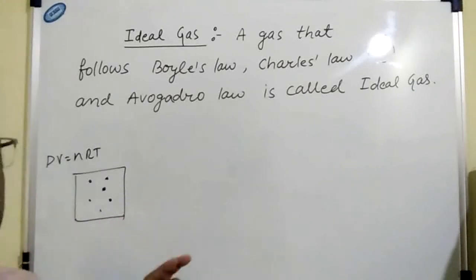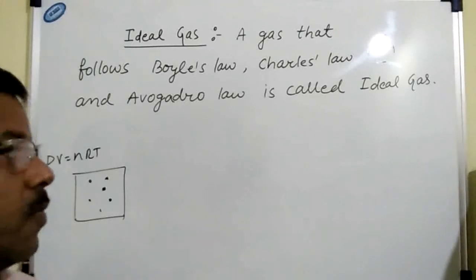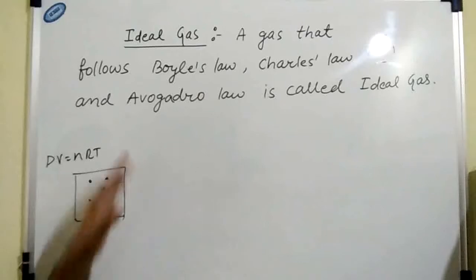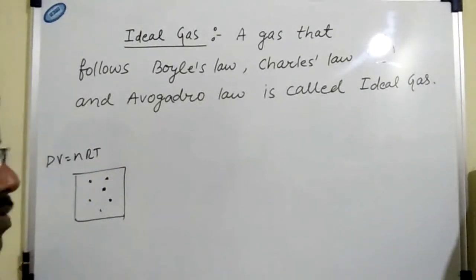So these two points we have discussed in the first video. We are not going to discuss any more properties. We are only going to derive the ideal gas equation.